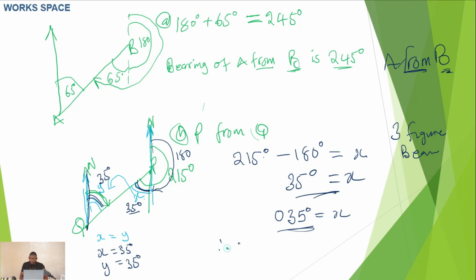Therefore, the bearing of P from Q is 035. So make sure that if the number is less than 100, you include the 0 before the number, so that you attain the three-digit or three-figure bearing.